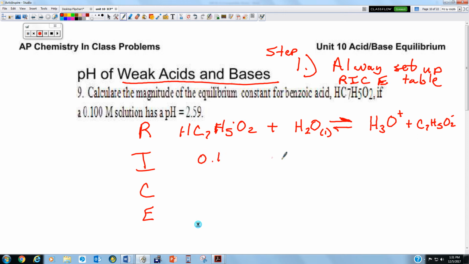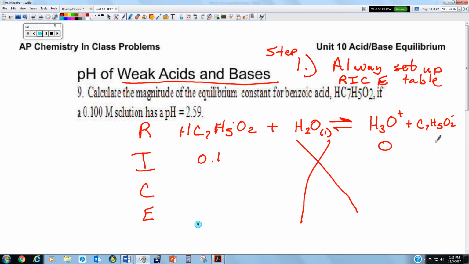0.1. This is in the liquid phase, so guess what? Concentration doesn't matter there. What is our initial concentration of hydronium? We haven't produced it yet, so it's 0.